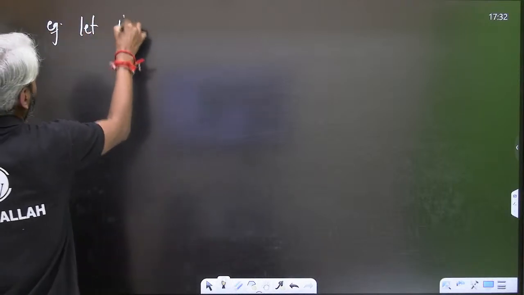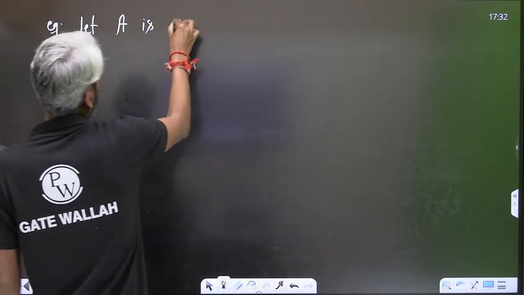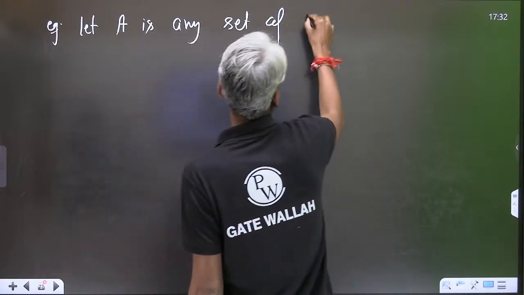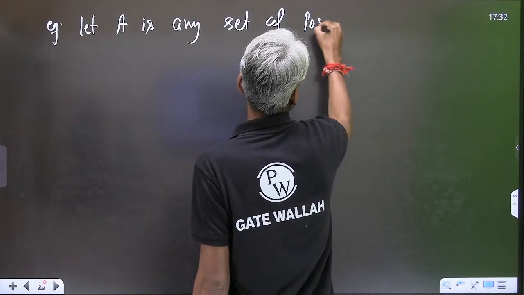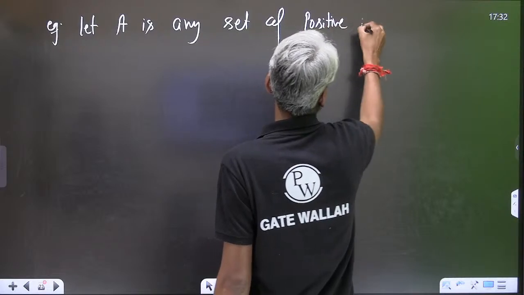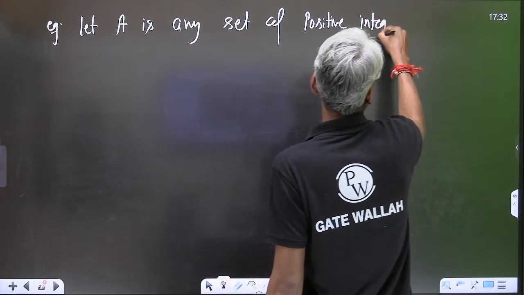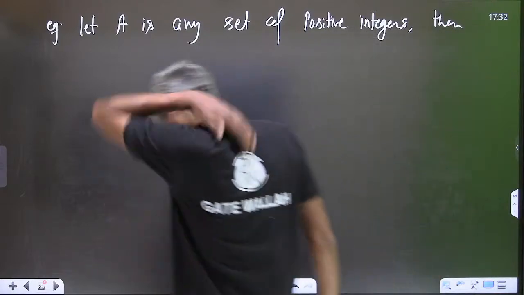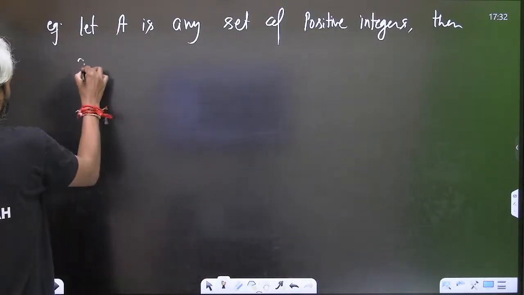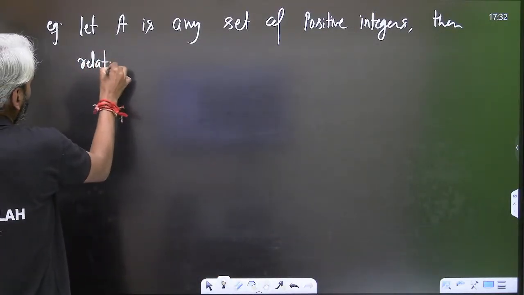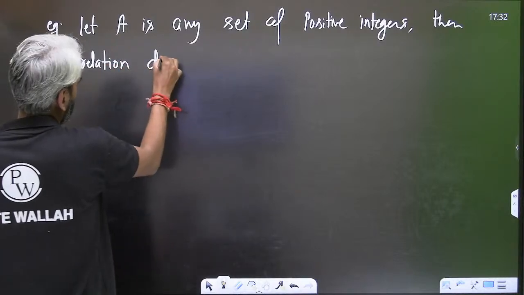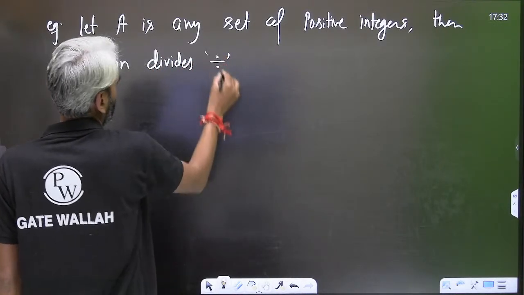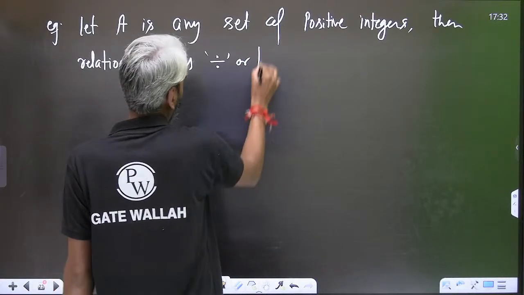Let A be any set of positive integers. Then I am defining the relation divides, denote it using this or some also.